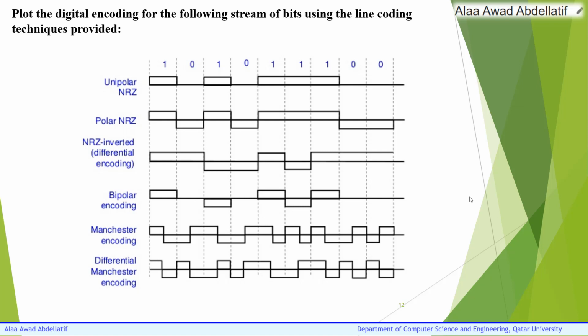So I start with my first bit. For pseudoternary, 0 equals 0 and 1 makes inversion. Then Manchester and differential Manchester. You can use this slide to revise all types of encoding, to practice after studying, to generate the digital encoding. Differential.